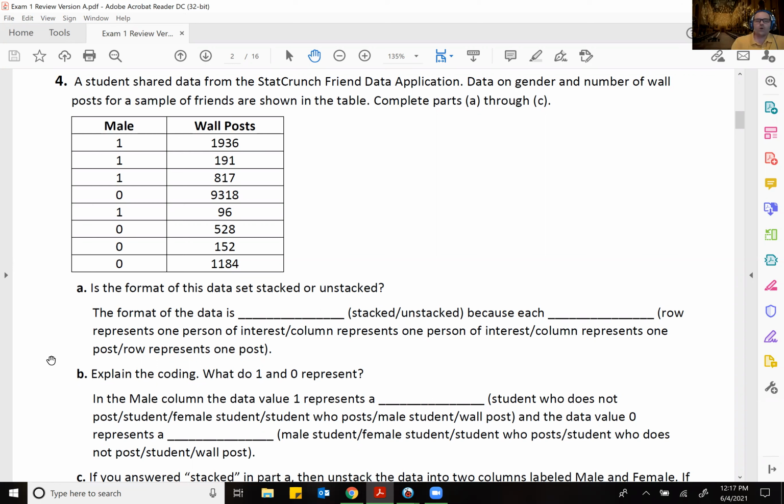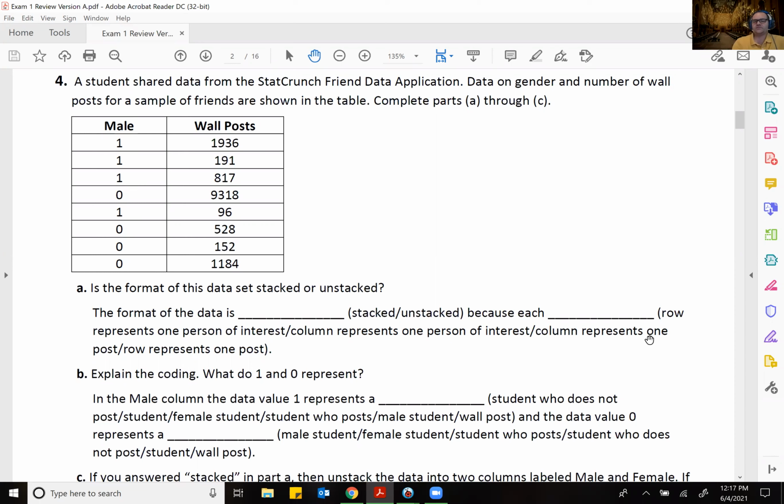It should be the row represents one person of interest as the answer. Because if you choose the column represents one person of interest, this column is not about one person. This column right here is about all the males and females. It's not one person. So that's why this middle one doesn't make sense.